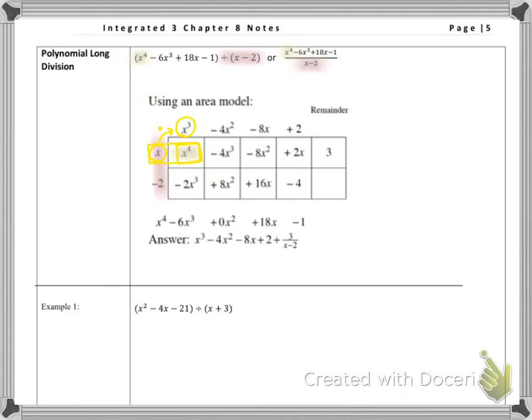Once that x cubed is created, now we continue the multiplication with this guy on the outside. So I'm going to take this -2 and times it by the x cubed to figure out what goes inside the box next to that. That's where I get the -2x cubed from. Okay, now going back up to the original question, we're now at x cubed.